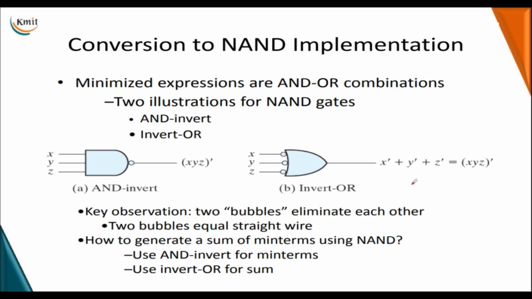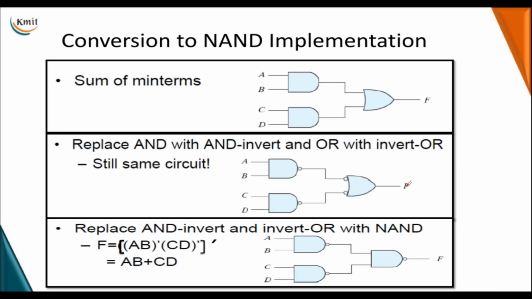So like this, we can have the NAND function: the bubbled or inverted-input OR can function like a NAND. In the same manner, now we are going to implement an SOP expression completely into NAND logic. The expression has two product terms, and my minimal expression is AB OR CD. So in the first level we have a set of AND gates, and in the second level an OR gate.